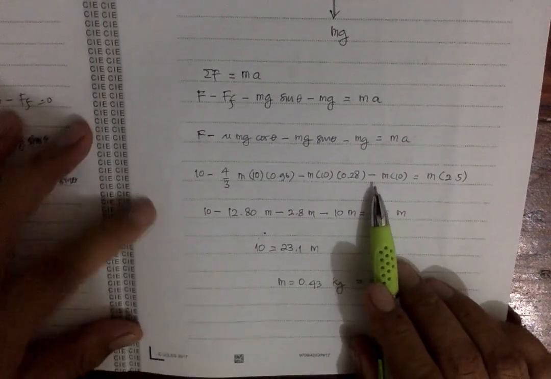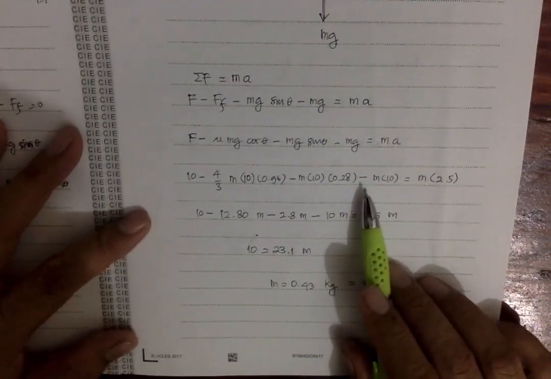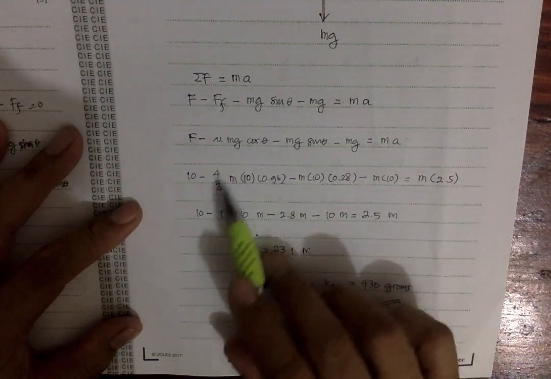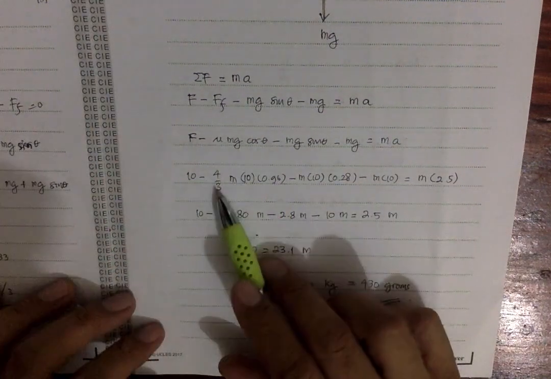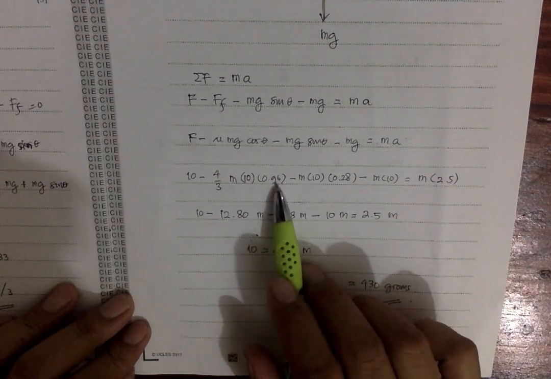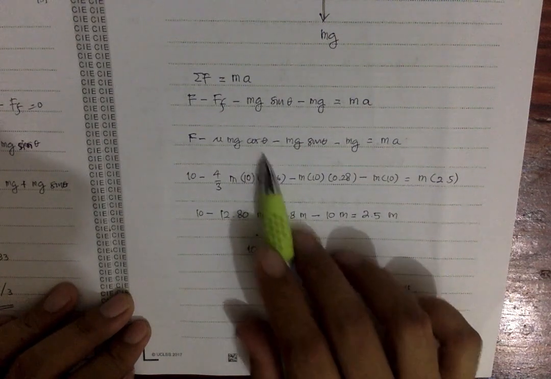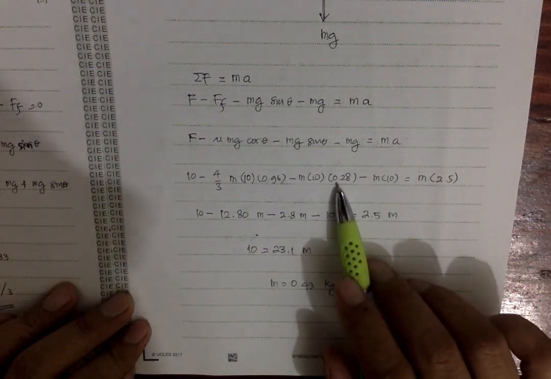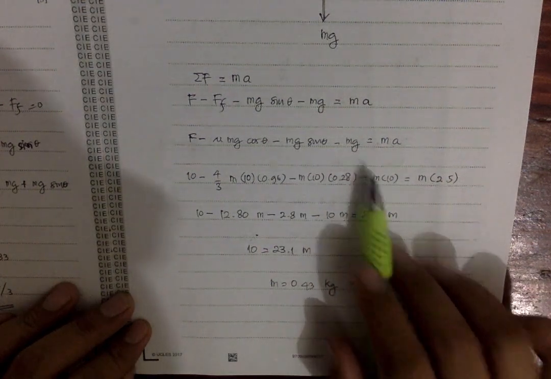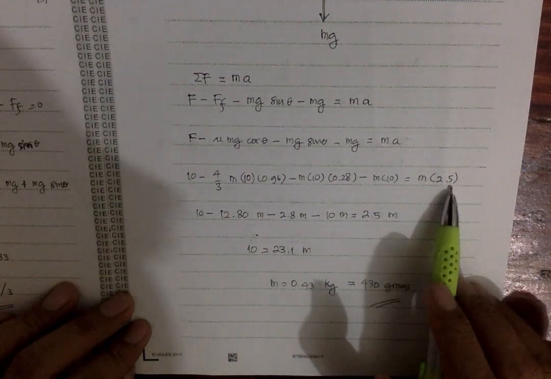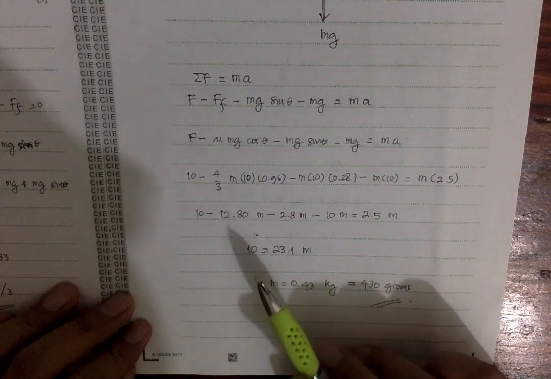Then we substitute the number for each variable. Mu equals 4.4 over 3, cos theta is 0.96, g is 10, sin theta equals 0.28, and a equals 2.5 as in the question above.